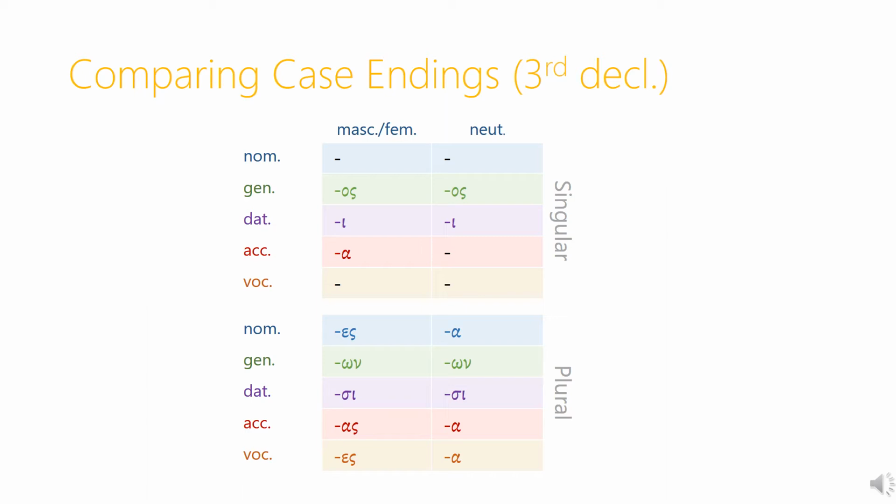The genitive and dative are the same as for masculine and feminine, own and c for the dative, and then the same ending that we saw in the nominative, alpha, shows up for the accusative and vocative forms of the neuter plural. So alpha in the nominative, alpha in the accusative, and alpha in the vocative.